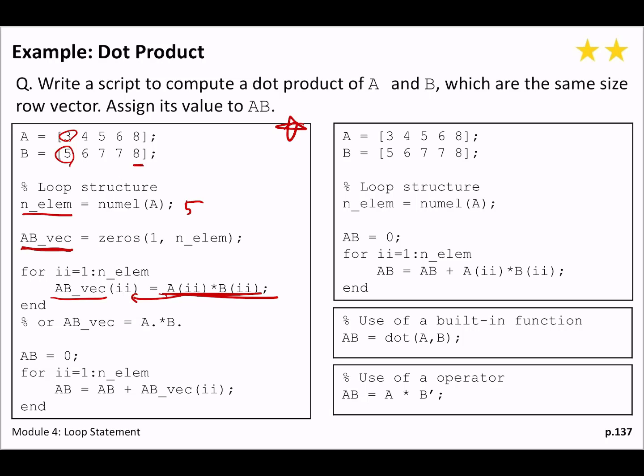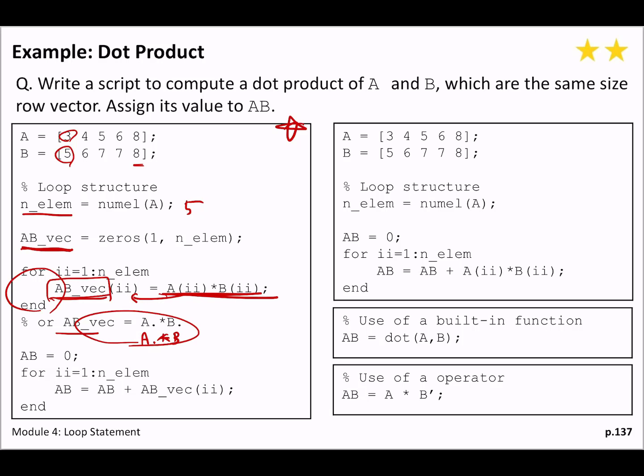So basically, we already learned element-wise operations. ABVec is exactly the same as the element-wise operation A dot multiplication B, right? We can get the ABVec using the for loop and the element-wise operation.